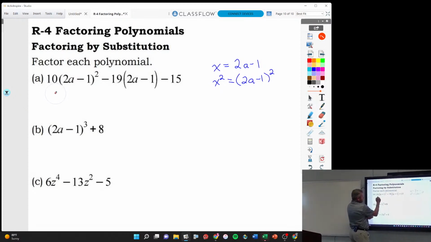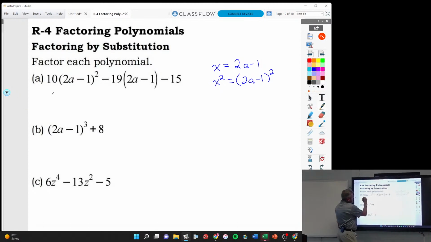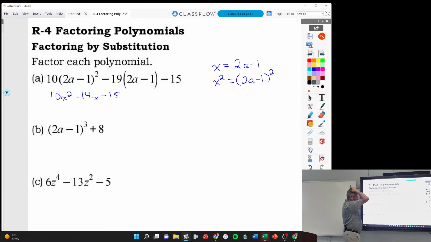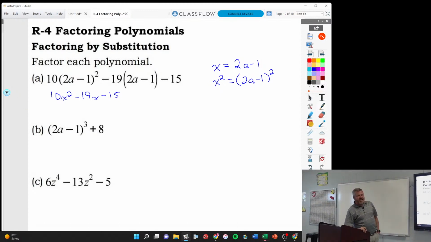So I have 10x squared minus 19x minus 15. And if you'll notice, that problem right there is a lot simpler than what that original problem looks like.